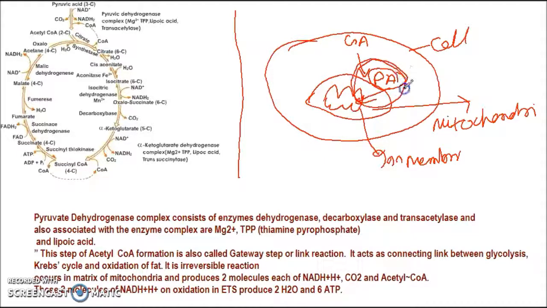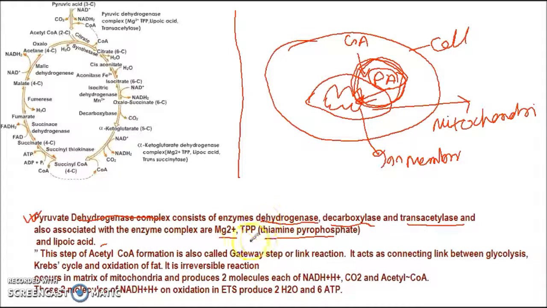A link reaction takes place, due to the pyruvate dehydrogenase complex. This complex helps the reaction, and it contains the enzymes dehydrogenase, decarboxylase, and transacetylase, along with Mg2+, thiamine pyrophosphate and lipoic acid.